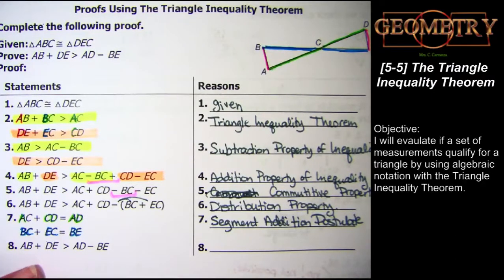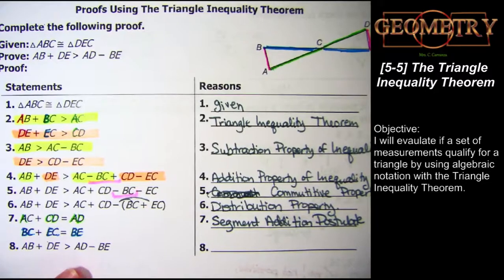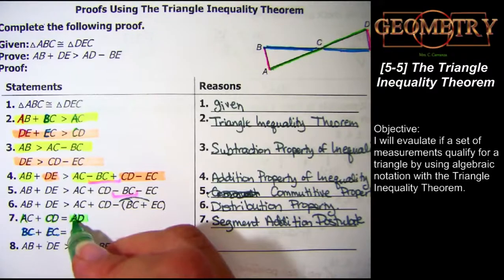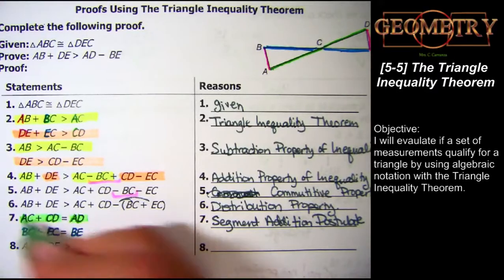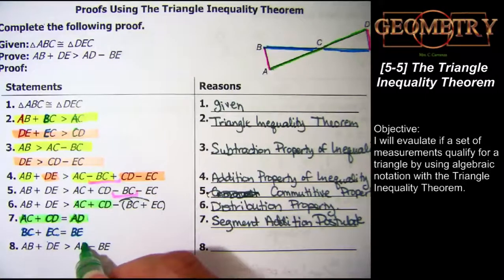The plus sign's the same. The DE is the same. The inequality is the same. But AD does not appear in line 6. But AD does appear in line 7. In fact, in line 7, AD is the same as AC plus CD. And I see that in line 6.